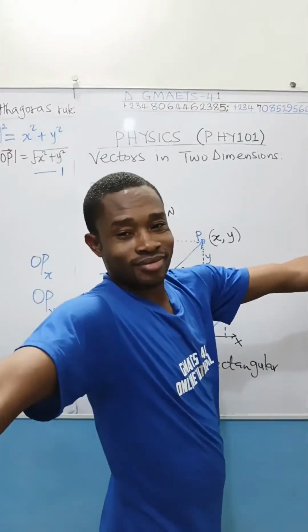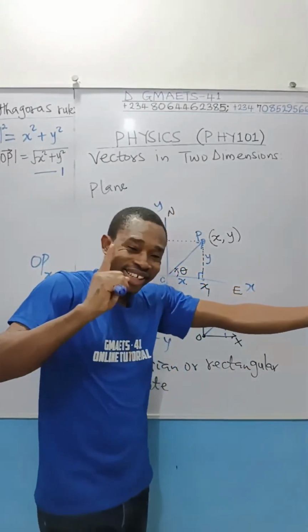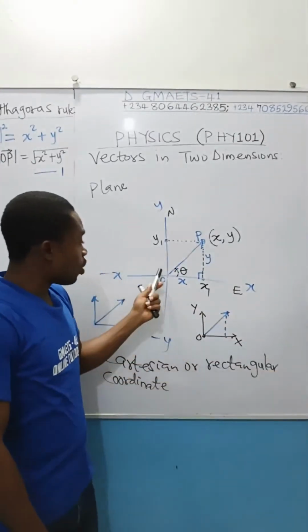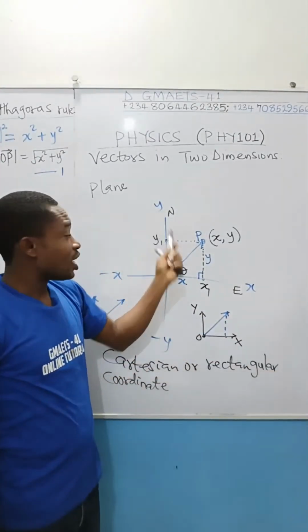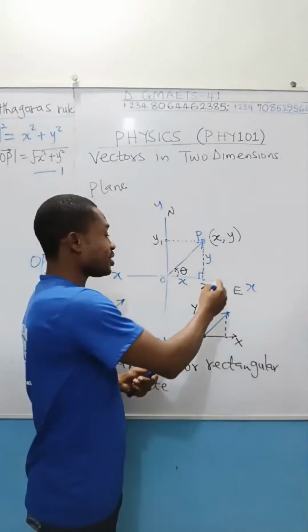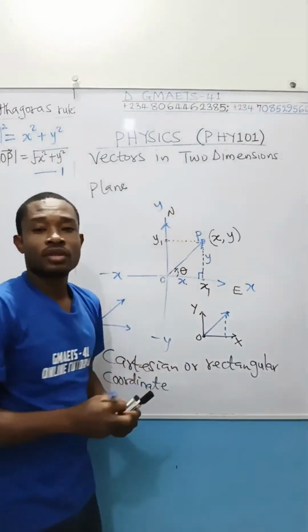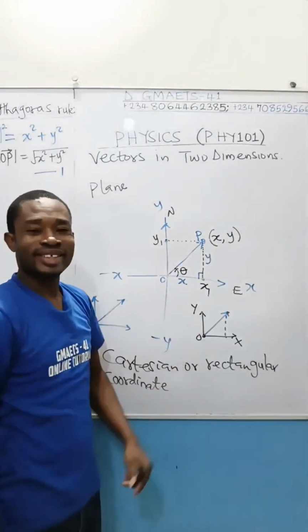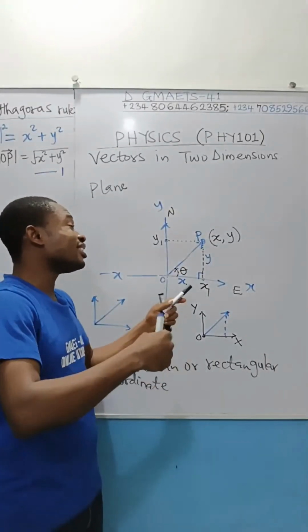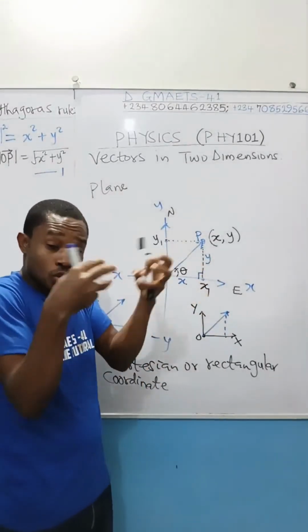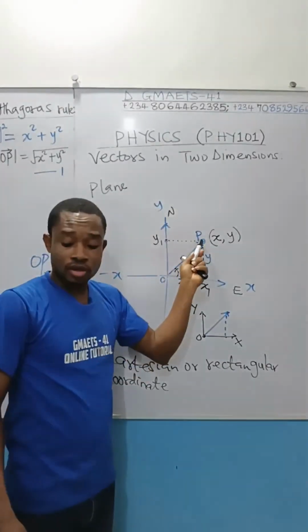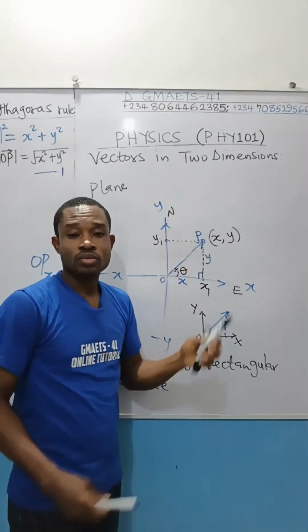Because you must take a single vector. Look here, one is going vertically, that is northward. Another is going horizontally, that is eastward. Different directions entirely. So to get the direction of the two vectors put together, it is the direction of the resultant that we are going to use.